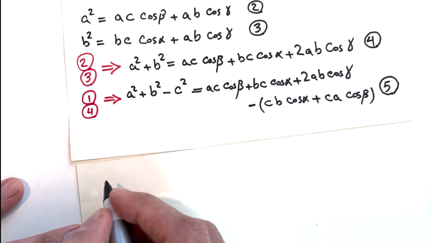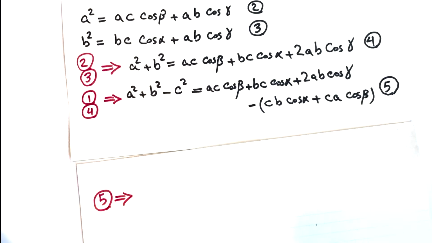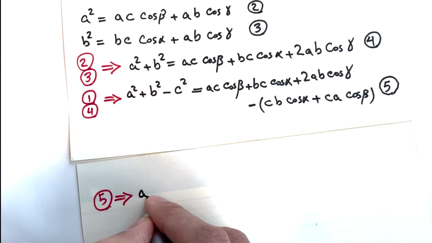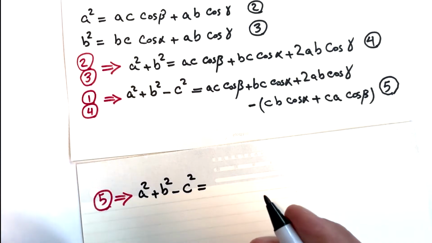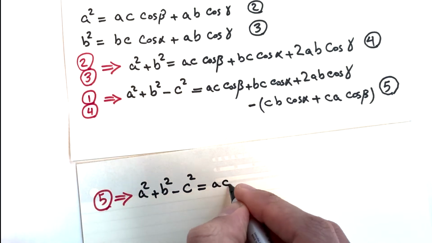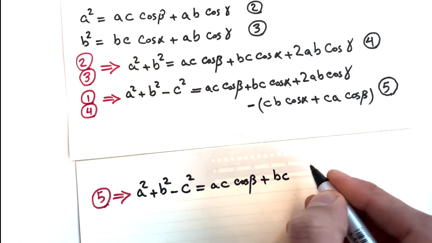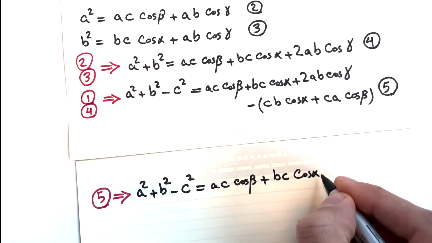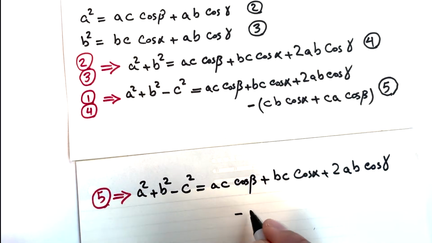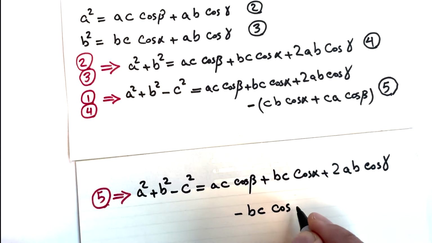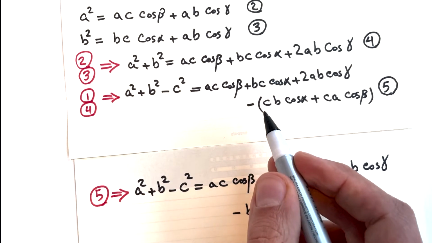I'm going to rewrite equation number 5: a square plus b square minus c square is equal to ac cosine beta plus bc cosine alpha plus 2ab cosine gamma minus bc cosine alpha minus ac cosine beta, multiplying the minus into the parentheses.